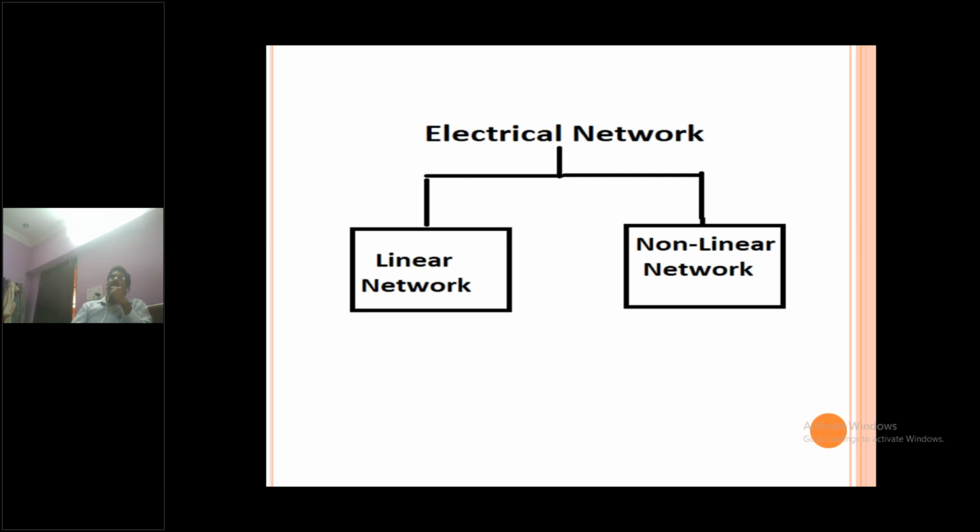Additive property and homogeneity property have to be satisfied. Generally I consider the equation y equals mx, a linear equation. Here voltage is proportional to current. We know Ohm's law, V equals IR, so V is proportional to I. According to this, how the input and output vary linearly is studied in the linear network, or linear wave shaping, in the first unit.